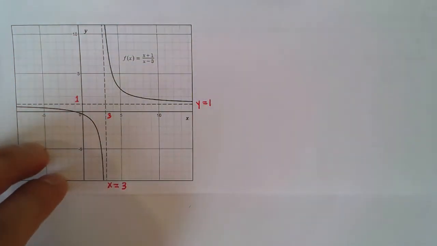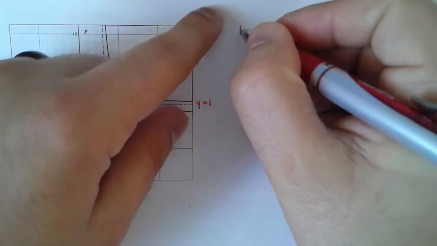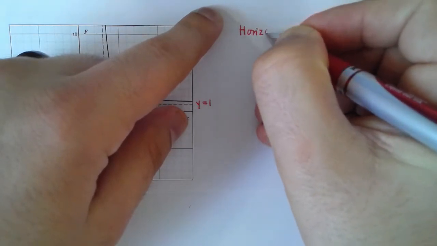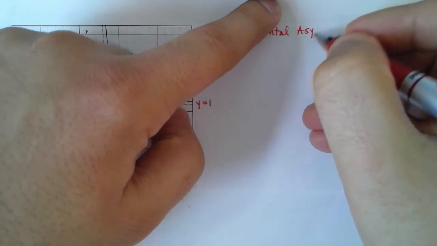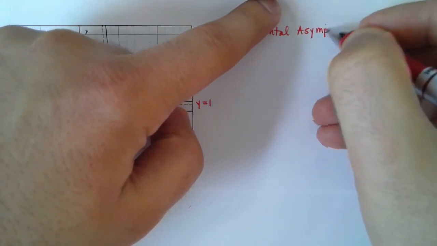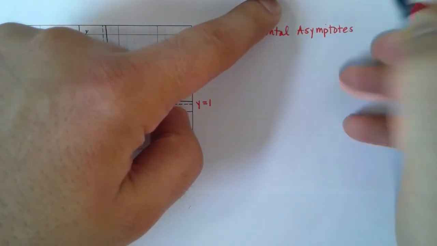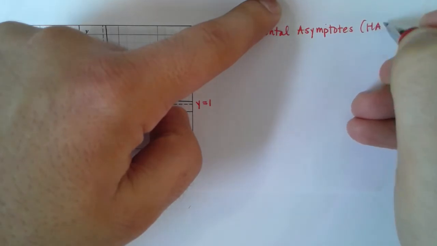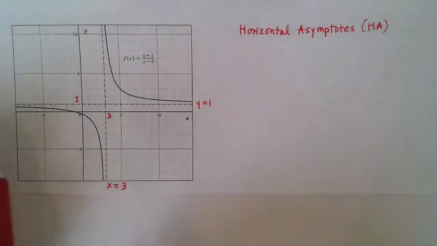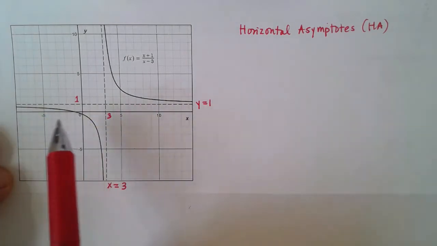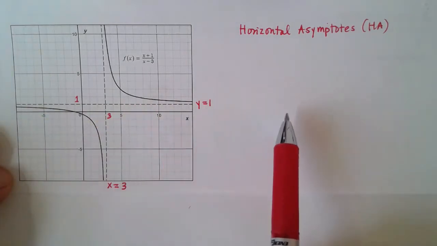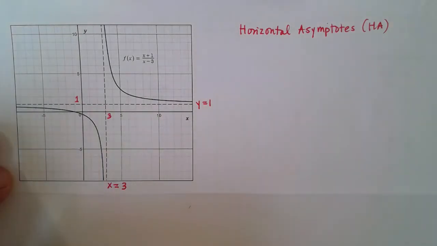So as you look at the graph, first, let's look at the horizontal asymptotes. I'm going to write this down as HA. The horizontal asymptote is a horizontal line that your function comes close to at the infinity side on the x-axis or the negative infinity side on the x-axis.